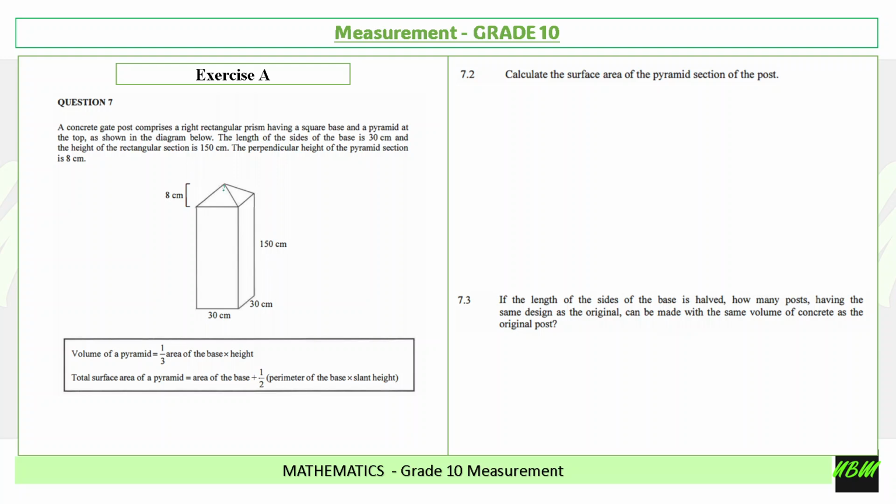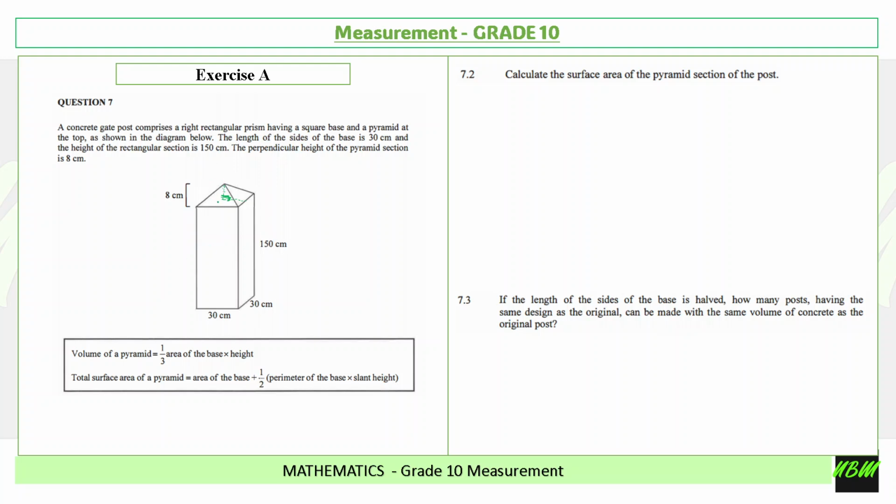So let's say this is our perpendicular height and it goes to this side, and this is an angle of 90 degrees. So what do we have?